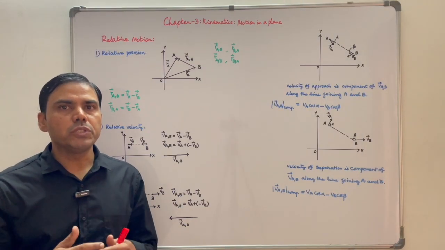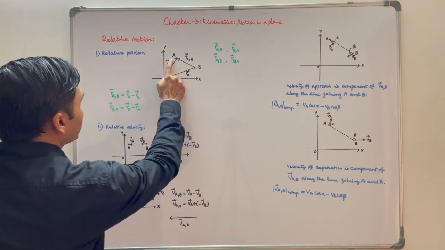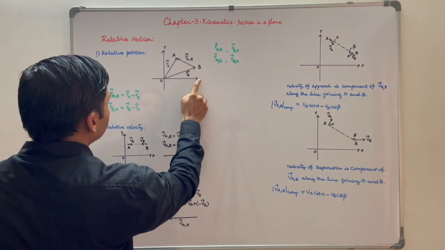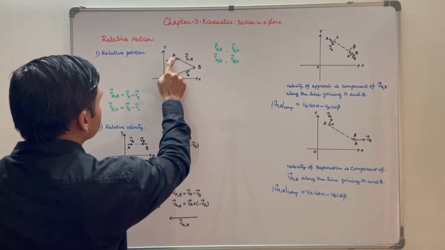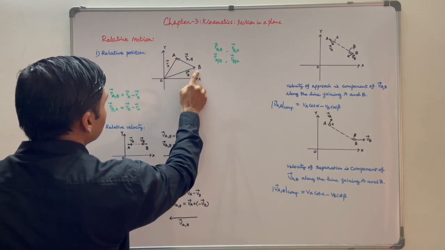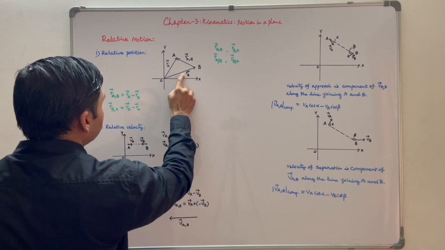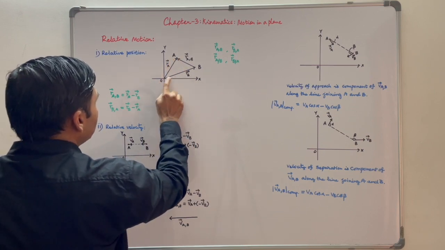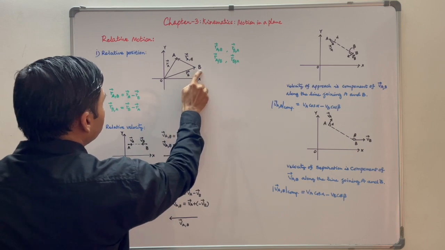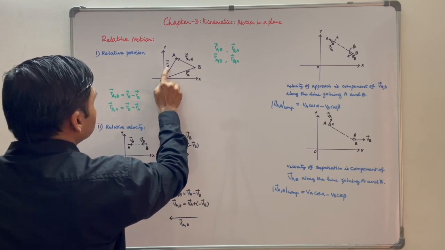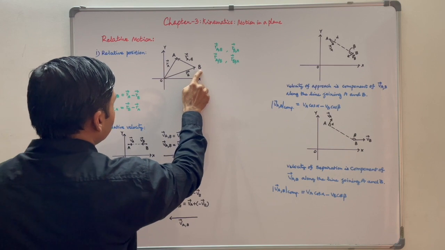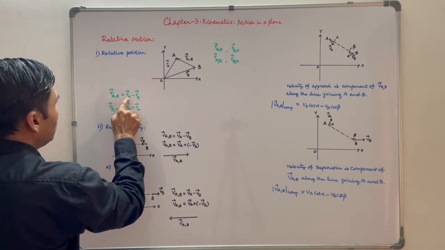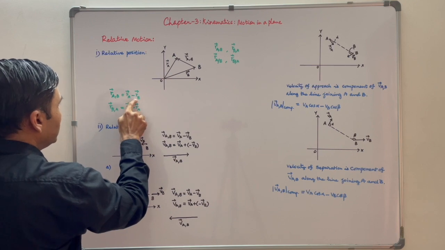First, relative position. Consider two particles, particle A and particle B, in 2D Cartesian coordinate plane. Position of A is given by vector RA and position of B is given by vector RB. RA represents position of A with respect to origin and RB represents position of B with respect to origin. Then position of A with respect to B is given by vector RA,B, and that is equal to vector RA minus vector RB.